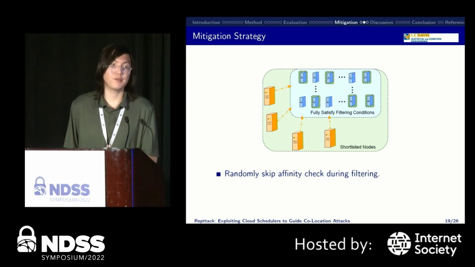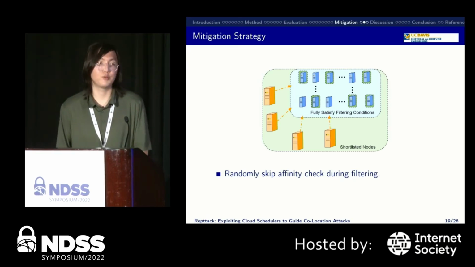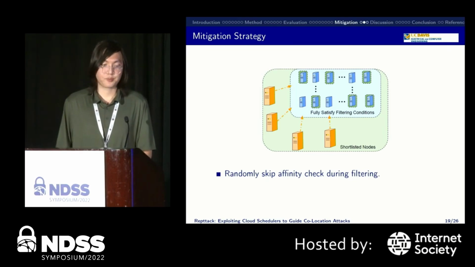But now, if we randomly insert unrelated nodes into the possible nodes, and manually enlarge the possible set of servers in the cluster, the collocation success rate should decrease. The point here is we add randomness during this scheduling process.